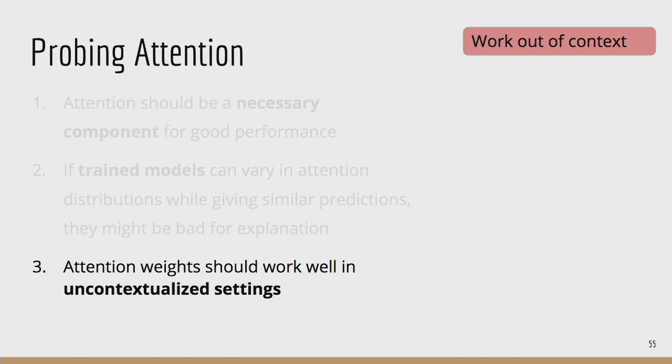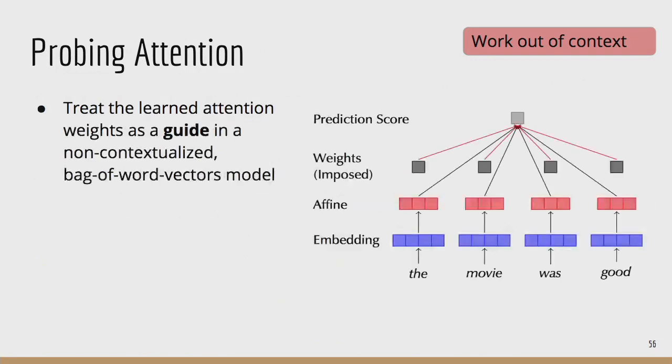And finally, we wanted to test attention weights for explanation in these uncontextualized settings that I mentioned previously. And also, given the fact that perhaps we have found these adversaries, how well do they actually perform compared to a learned LSTM? And so the way that we did this was we simply took our LSTM model and we removed the recurrence and applied an affine layer instead.